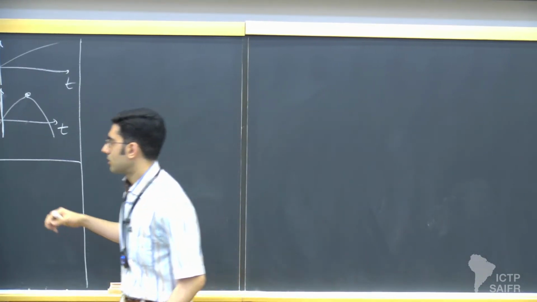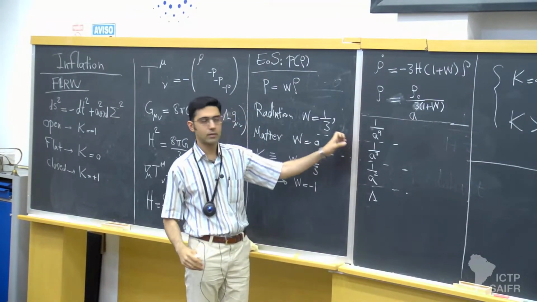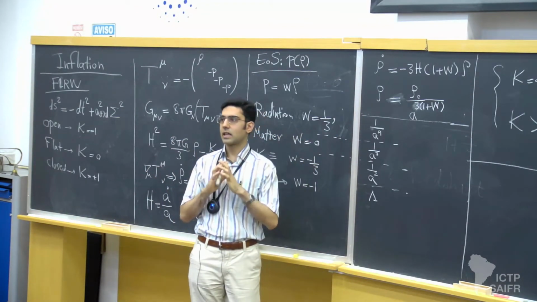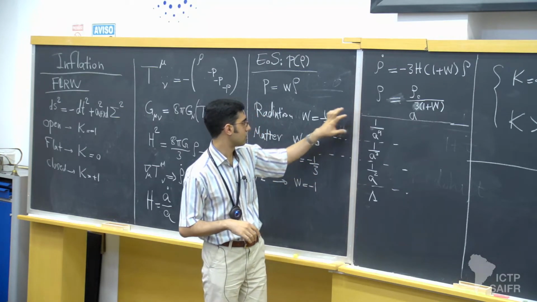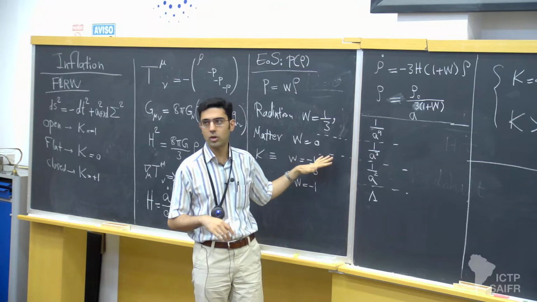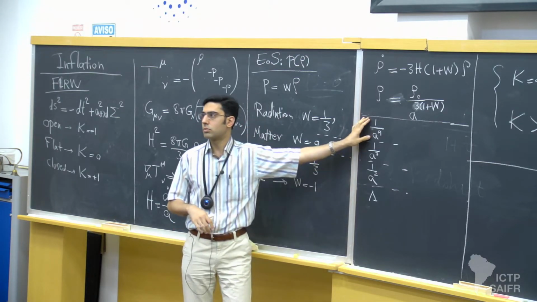So for instance, as we go to earlier times, the scale factor is smaller. And then if these are the only components that we have, at earlier times, the radiation is going to become dominant.